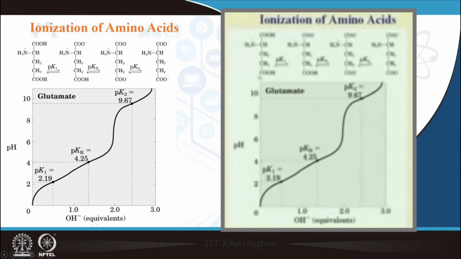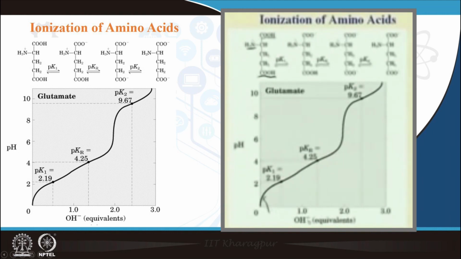So this is our side chain, right? This is the carboxylic acid part of the amino acid. This is my NH3 plus. At this point, all of them are protonated. Why? Because my pH is very low. So at my low pH, that's at this region here, all of these are protonated.